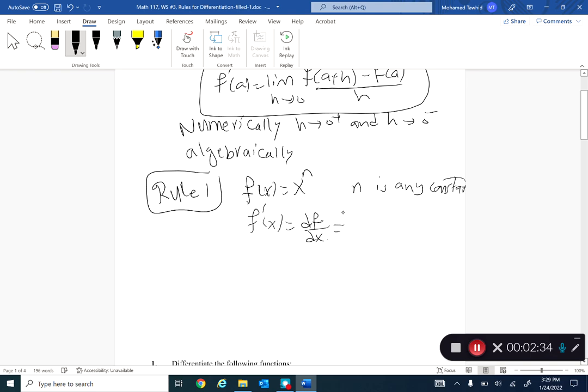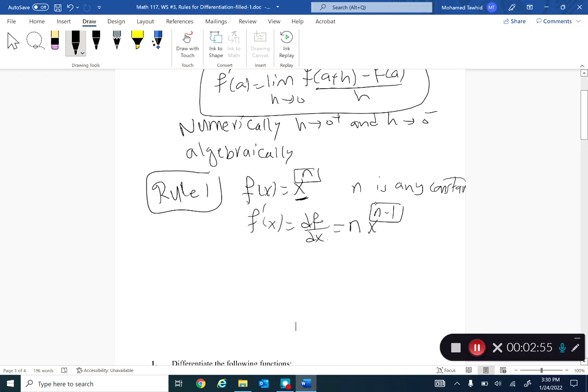Here is your exponent n, a polynomial of degree n. I put n in front, and then I reduce the exponent by 1. So you have n x to the power n minus 1.